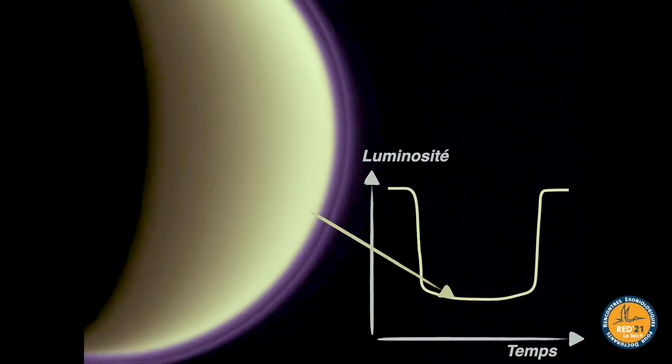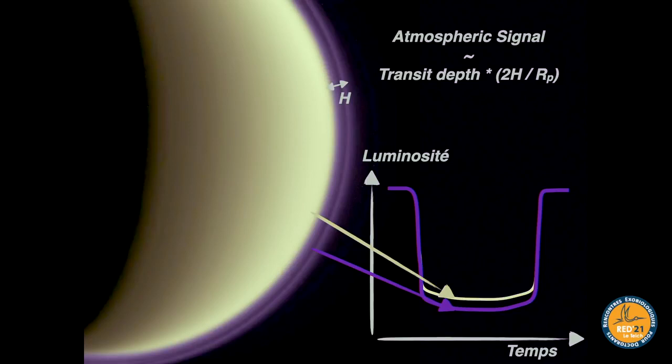But if we look at a wavelength, for example, in the blue or in the UV, where we see, because of the color of the haze there, that the atmosphere is going to be a bit more opaque in this wavelength, well, of course, the size of the planet will look a bit bigger in this wavelength. And that's why this difference in the depth of the transit as a function of wavelength is just going to be the signal that there is an atmosphere.